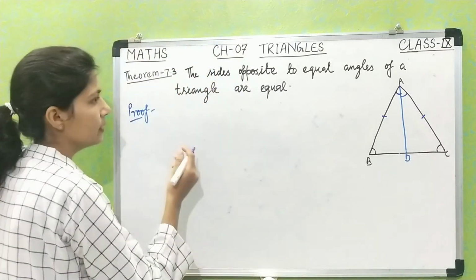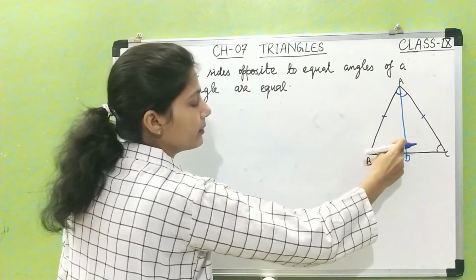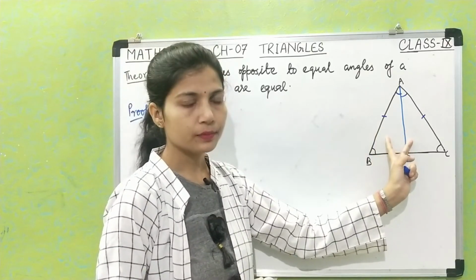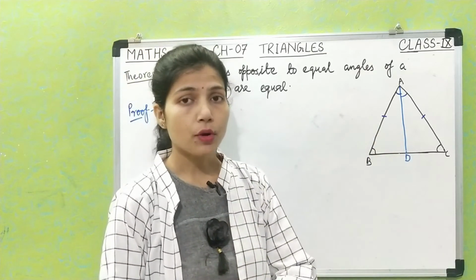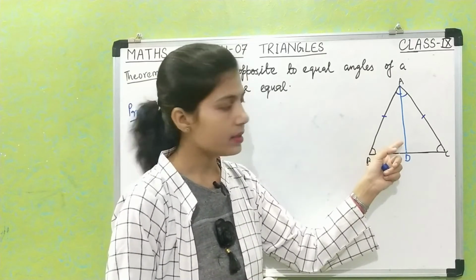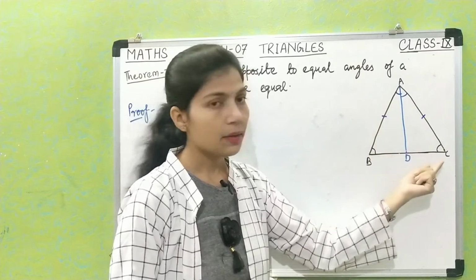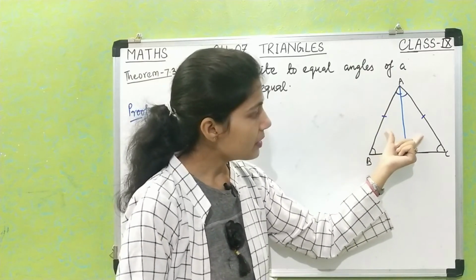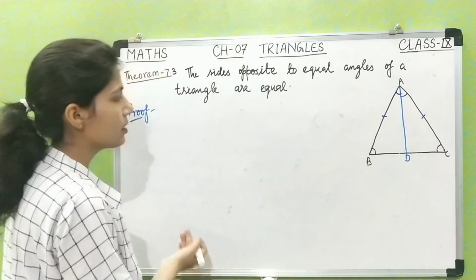Now when we draw this angle bisector, we get two triangles. If we have to use congruency criteria, we need two triangles. So this angle bisector is dividing triangle ABC into two triangles. Now we will consider these two triangles to prove this theorem.